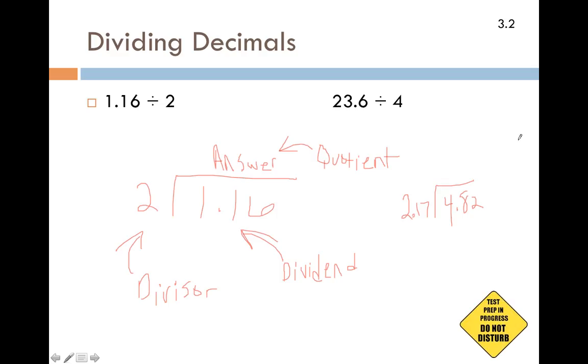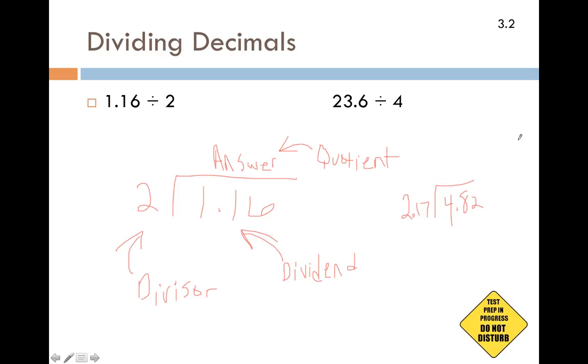So that brings us to the next step. If there is a decimal in the divisor, we must move the decimal out of the divisor. So that's the second thing. There can't be a decimal in the divisor. If there is a decimal in the divisor, we've got to move it out of the divisor.